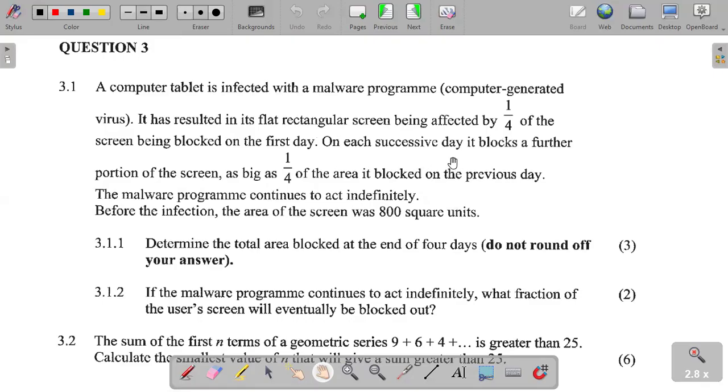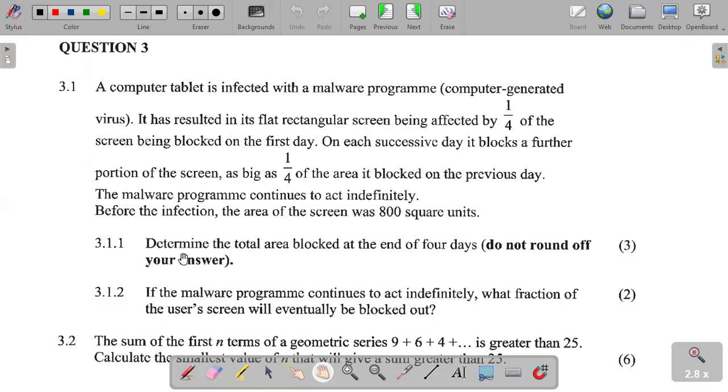On each successive day, it blocks a further portion of the screen as big as 1/4 of the area it blocked on the previous day. The malware program continues to act indefinitely.